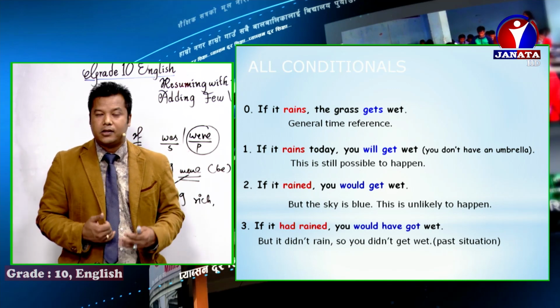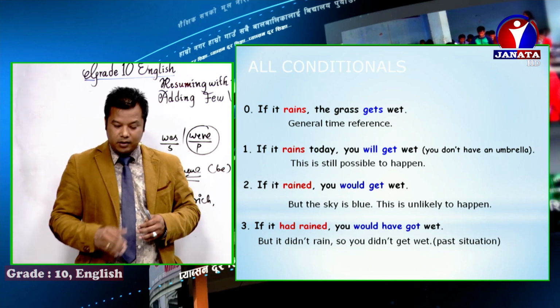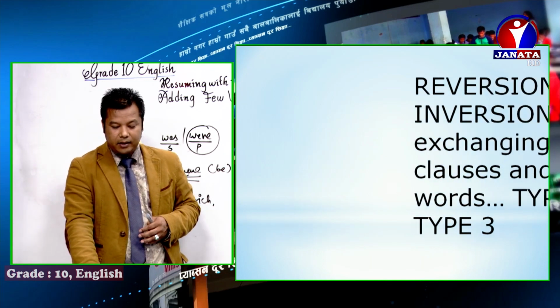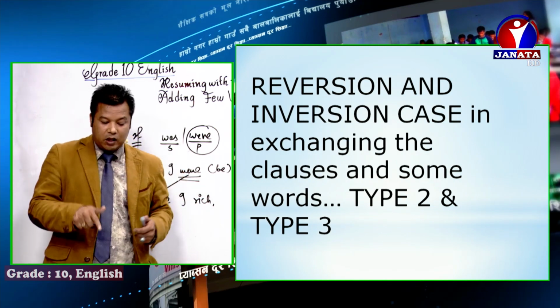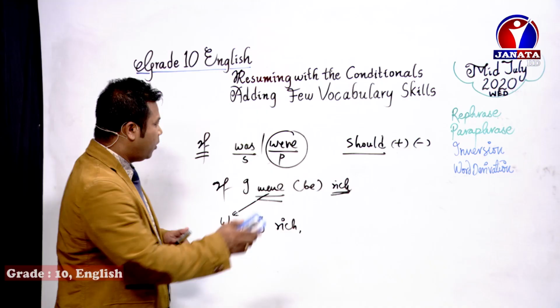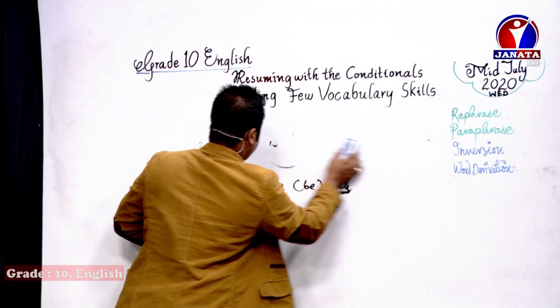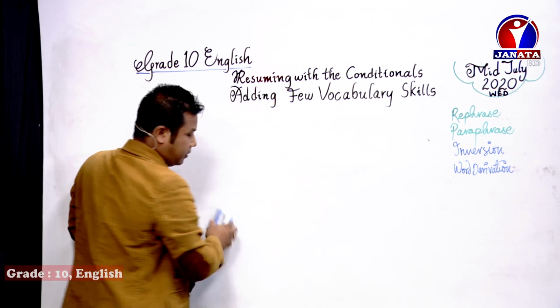That is clearly understood. Now, after having understood all the types of conditionals, we would like to talk about reversion and inversion cases in exchanging the clause and some words. Type 2 and type 3. One I have already explained here. If you had listened to me, I have already explained.